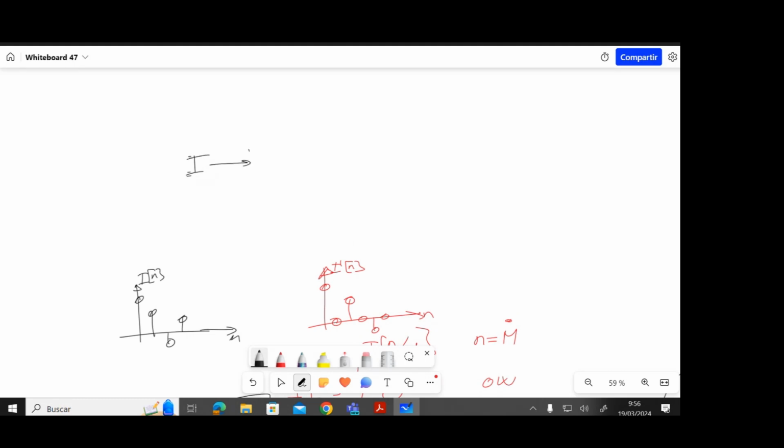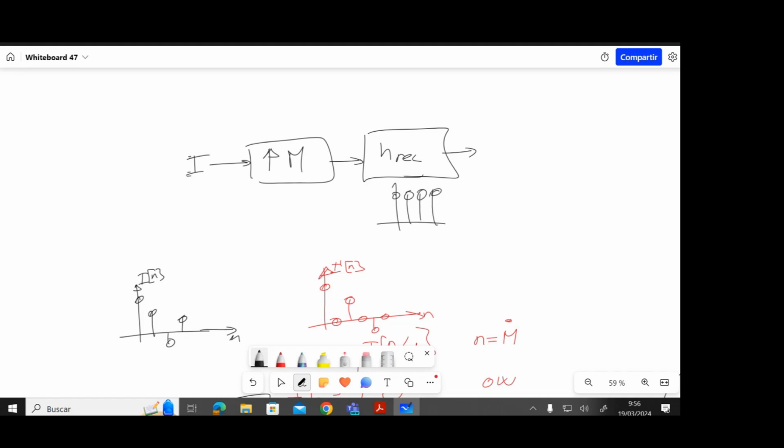Here we have a signal going through the upsampling. Then I am convolving with the reconstruction. Now my reconstruction here in 1 dimension is a function of n.